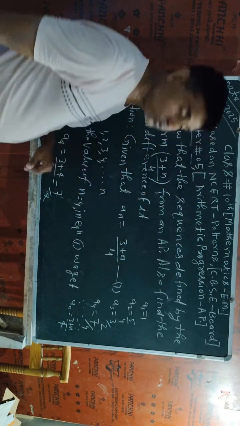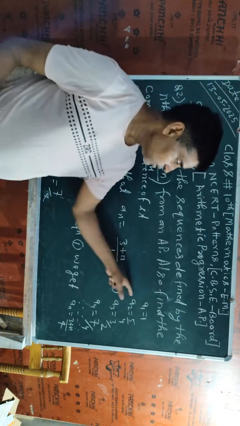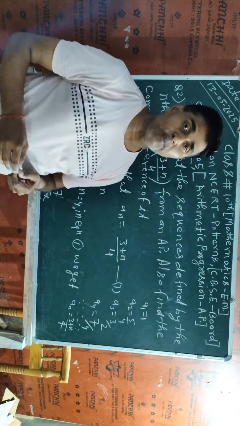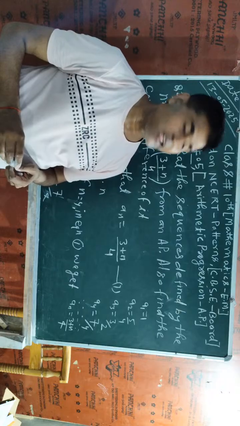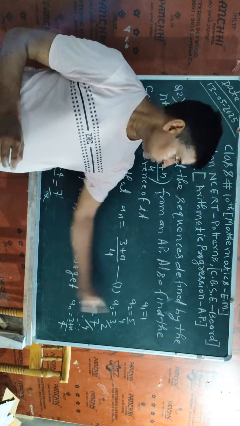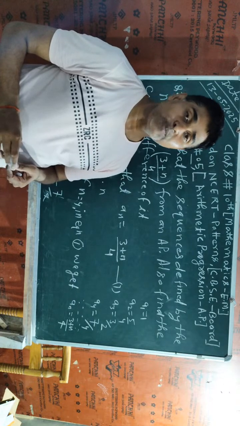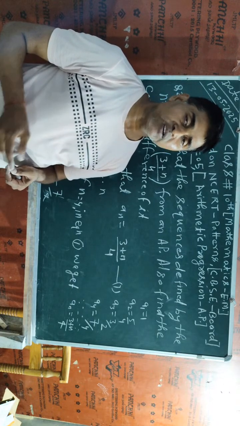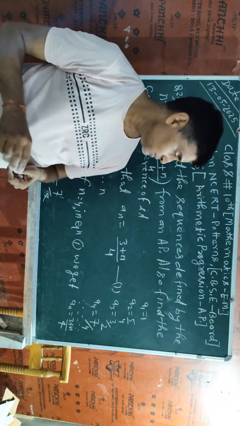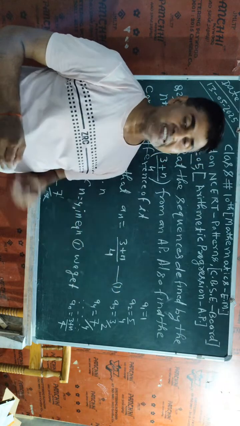Okay student, so we have to calculate the values of a1, a2, a3, a4 and so on up to an. So this will be a sequence. Every progression is a sequence, but not every sequence is a progression. Now further I will get its common difference.